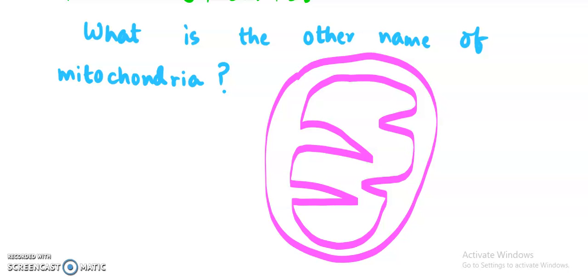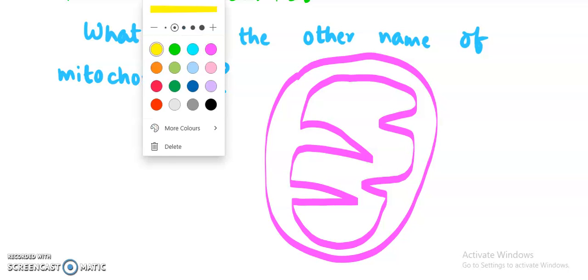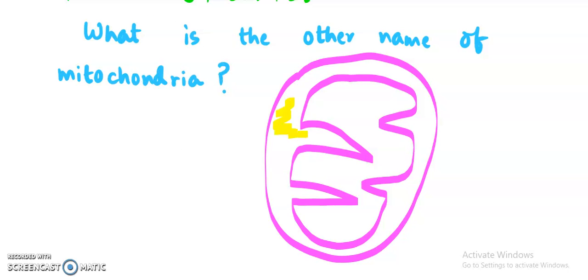So this is the mitochondria which you can see here, and here also, right, I am drawing the yellow color because this is intermitochondrial space. We will be labeling each part, right?